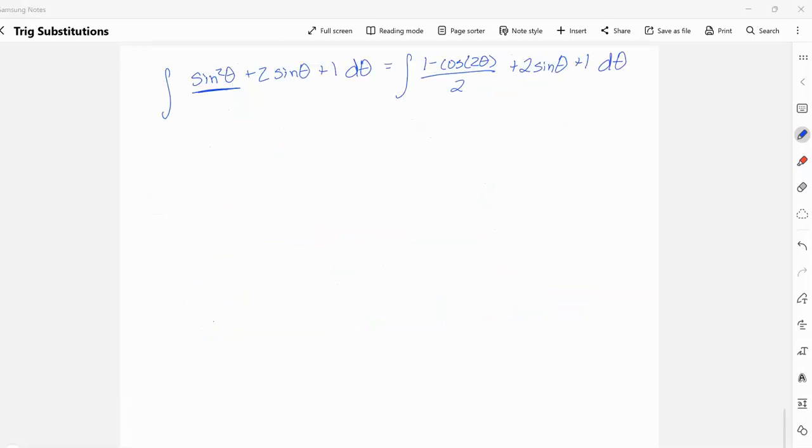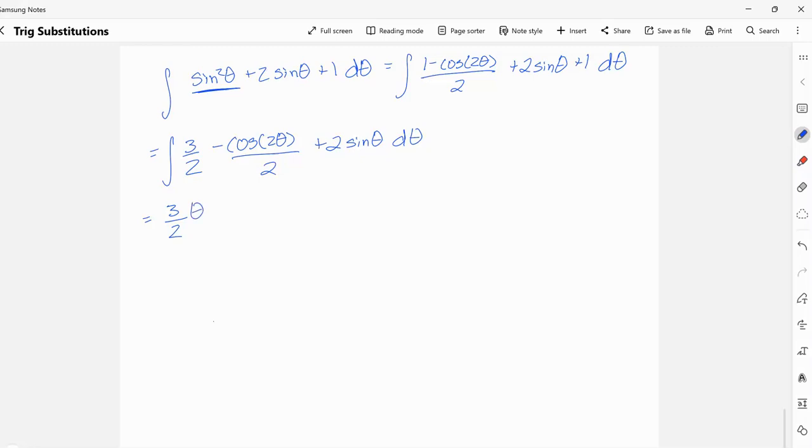So let's simplify. I'm going to have a 1/2 plus a 1, which is a 3/2, minus cosine of 2 theta over 2, plus 2 sine of theta, d theta. We're going to integrate. So this is going to be 3 over 2 theta.